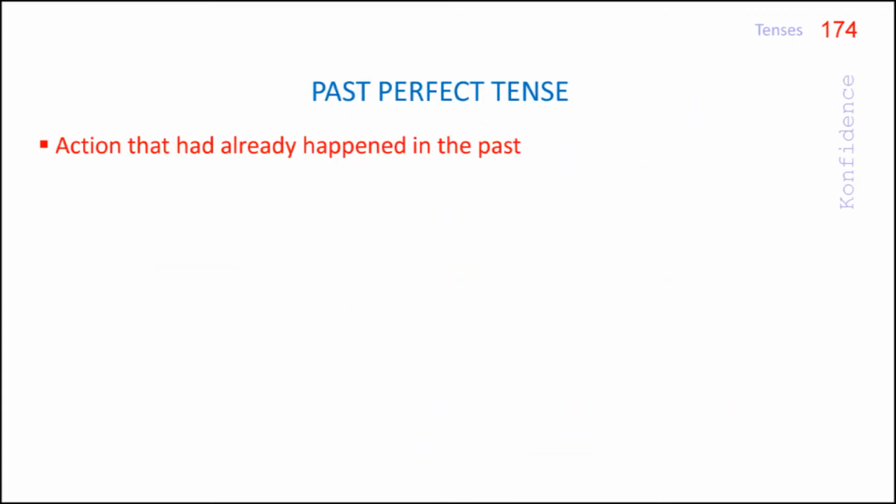The past perfect tense tells us about an action that had already happened in the past. It is formed by using had with the third form, that is, the past participle form of the verb, with all subjects.